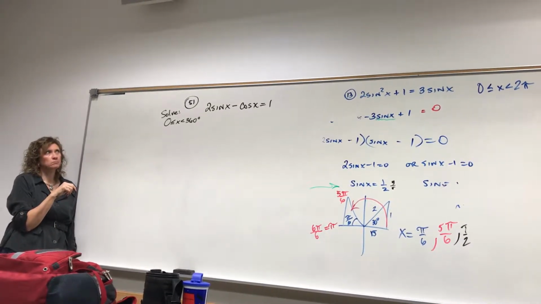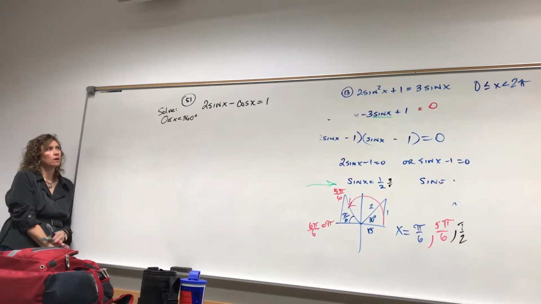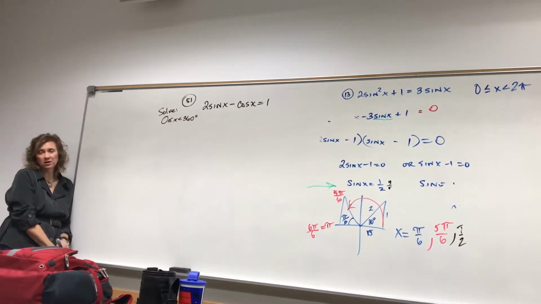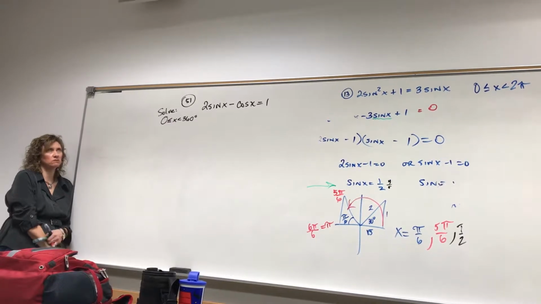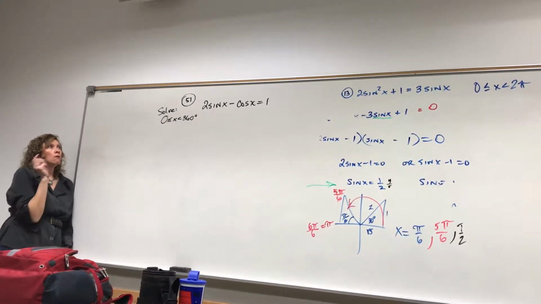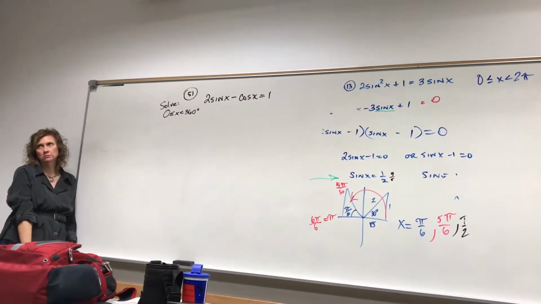Total bummer. We could think about turning it into tangent, but the fact that there's a 1 there makes that method a little bit of a pain. Actually, it probably doesn't even really work. So I really love those to be squared.